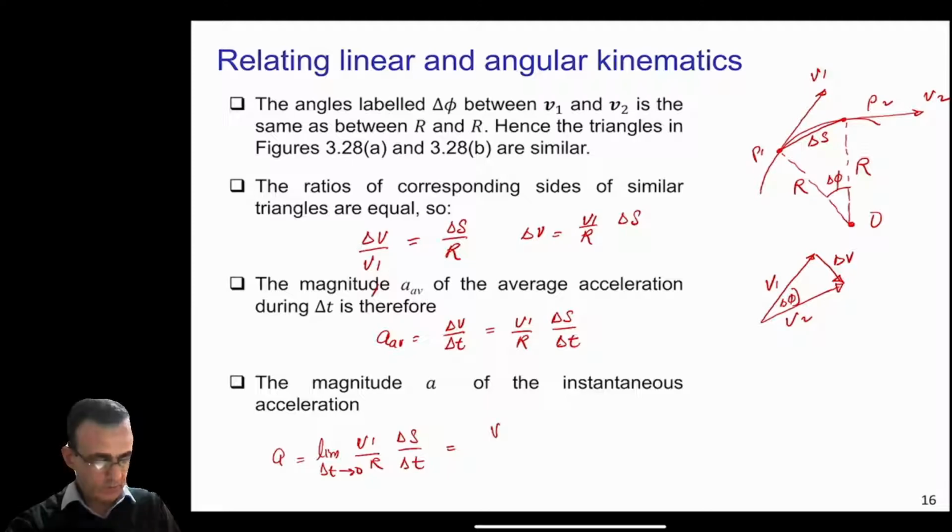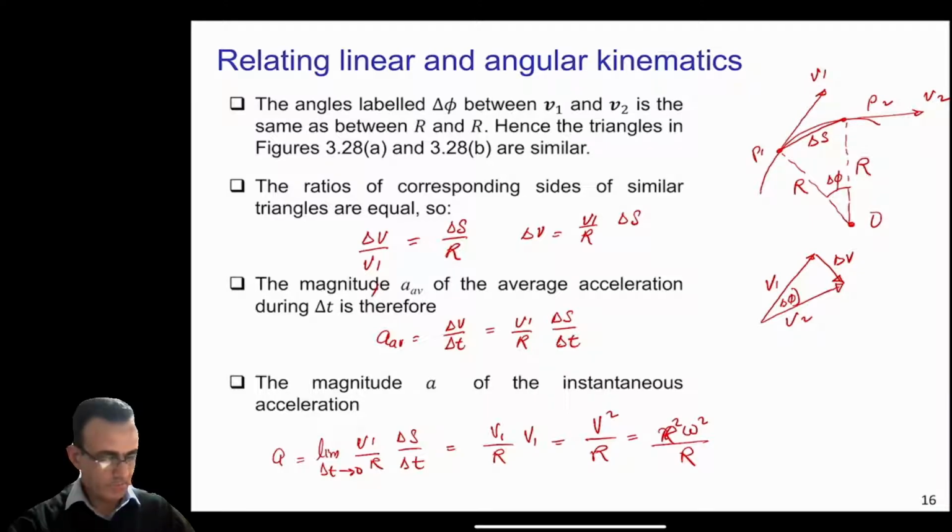So v1 divided by r and delta s divided by delta t is again v1. And because v1 is equal to v2, we can say that it's v squared divided by r. We just represent this by v. And then because v is equal to r omega, this will become r squared omega squared divided by r here.